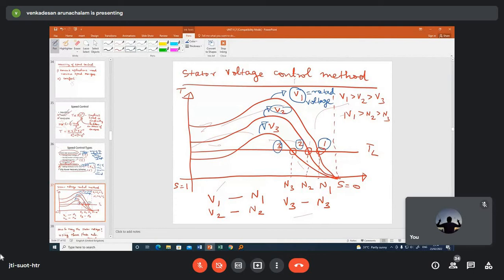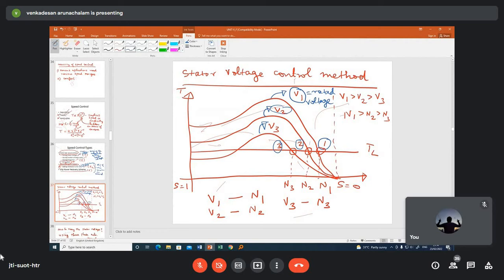The actual definition of operating point is the point of intersection between the machine torque and the load torque.